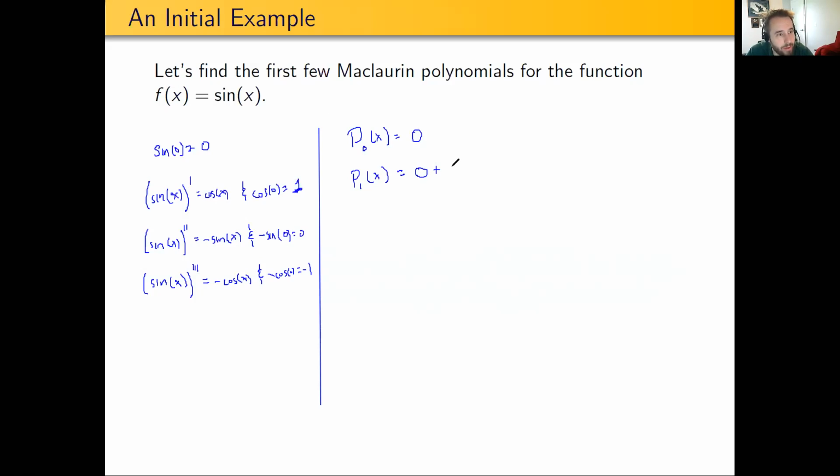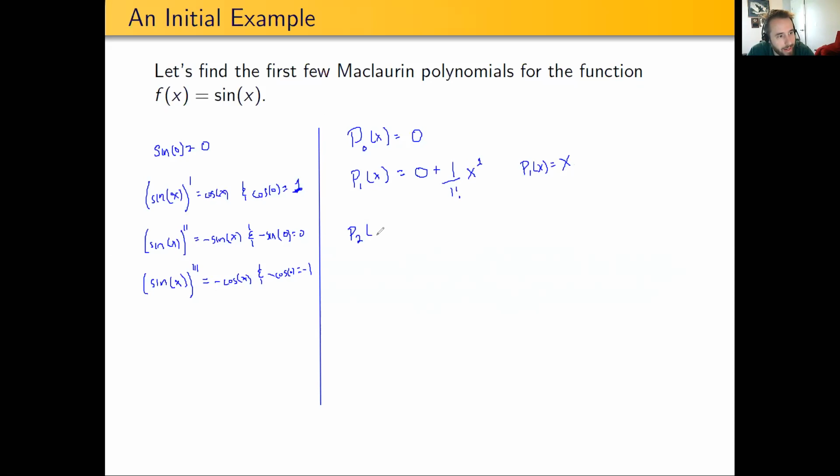And so that will be 1 divided by 1 factorial times x minus a to the first. In this case, that's just x minus 0 to the first, so it's just x. And so simplified, that becomes p sub 1 of x equals x.